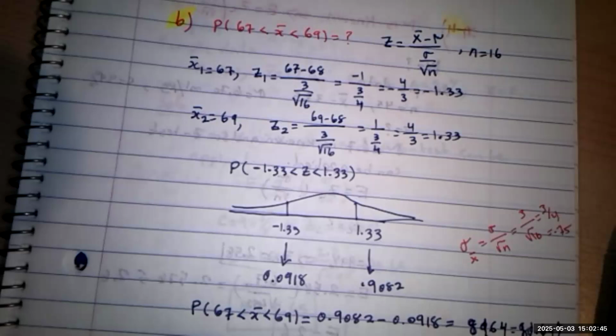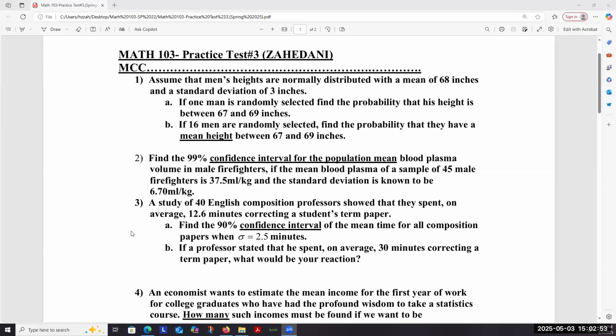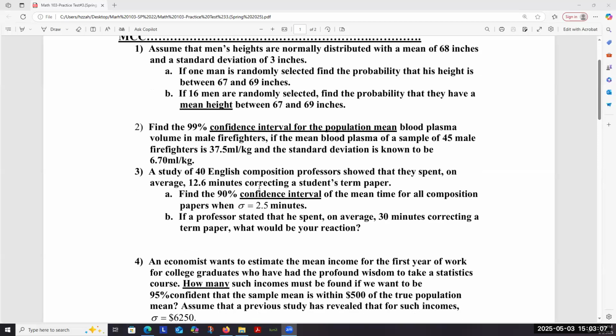You have to be careful because we are going to have different cases for the confidence interval. We may have a confidence interval for the proportion, or you may have a confidence interval for the mean. So be careful on the test. Read it carefully to see which one it is. We give you one from each. You have two over here to practice.